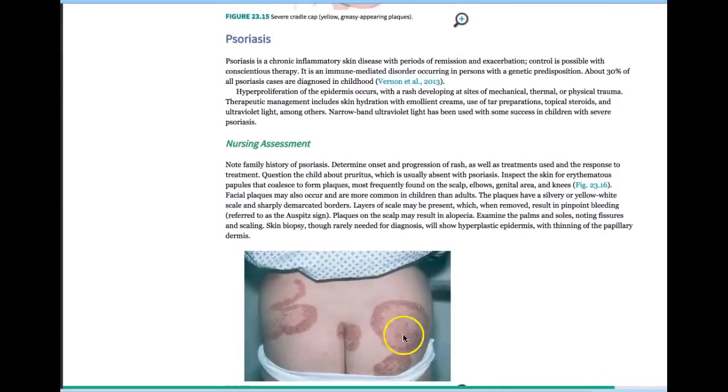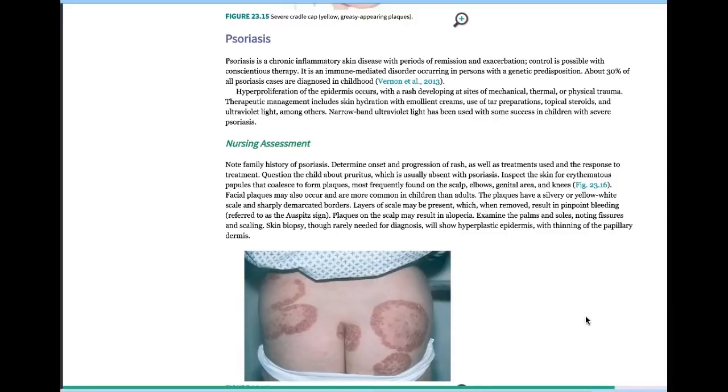Psoriasis. This is a case of psoriasis, and psoriasis is a chronic disorder. It's kind of like an autoimmune thing. There are treatments for that. Especially if the lesions are visible, there are lots of psychosocial issues with psoriasis.